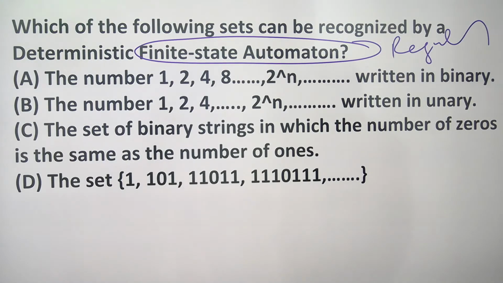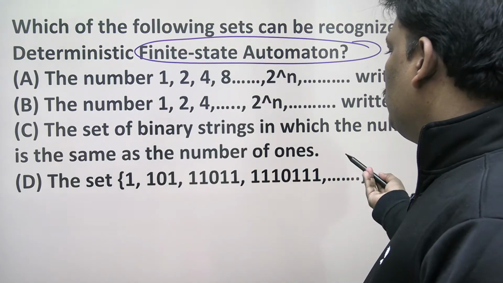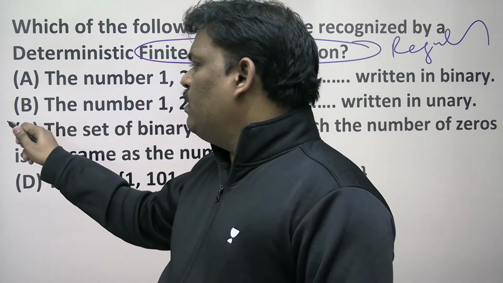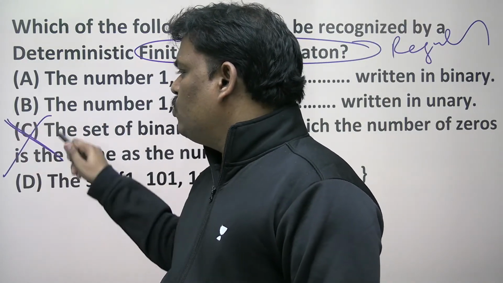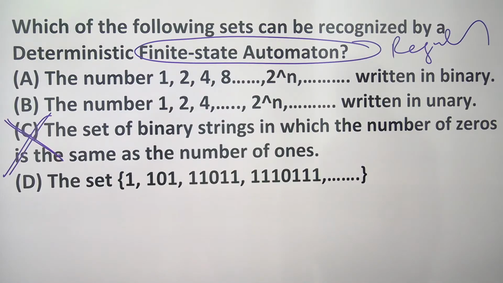Next, the set of binary strings in which the number of ones and zeros are the same. I think everyone knows a PDA is required for this one, so it cannot be. Next one, the set 1, 101, 11011, 111011.